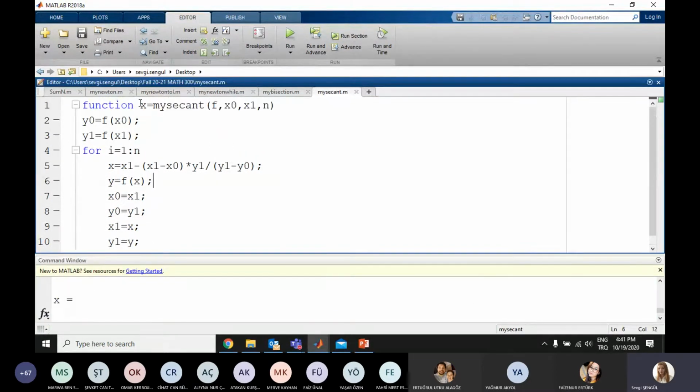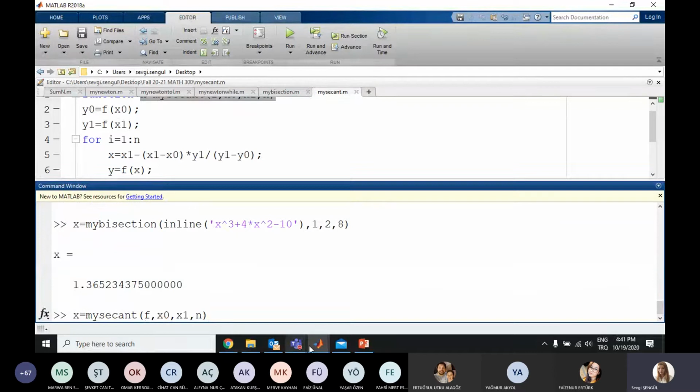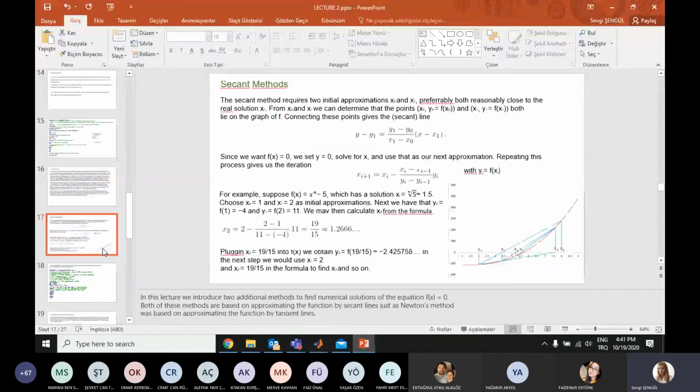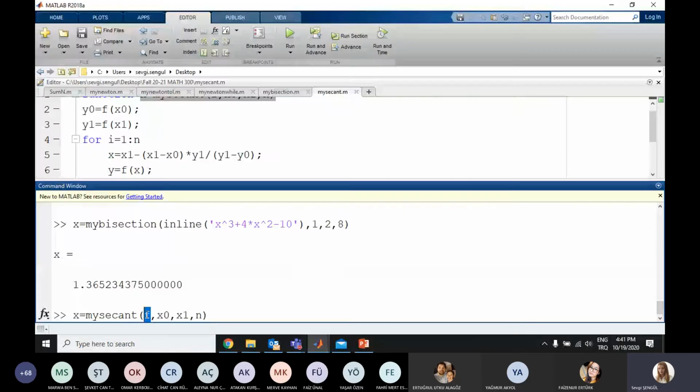Let's do the same example. What was it? x to the 4 minus 5. So f is inline, x to the 4 minus 5.